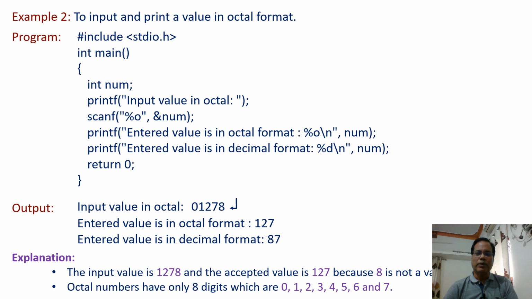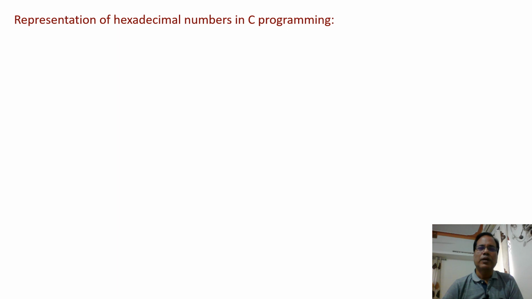Octal numbers have only 8 digits, which are 0, 1, 2, 3 up to 7, and that's why we get the wrong result here. Only those symbols legal in the octal representation are taken in and printed in C programming.